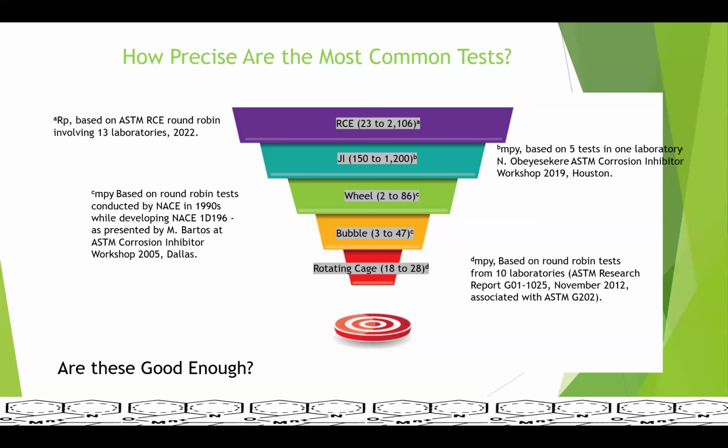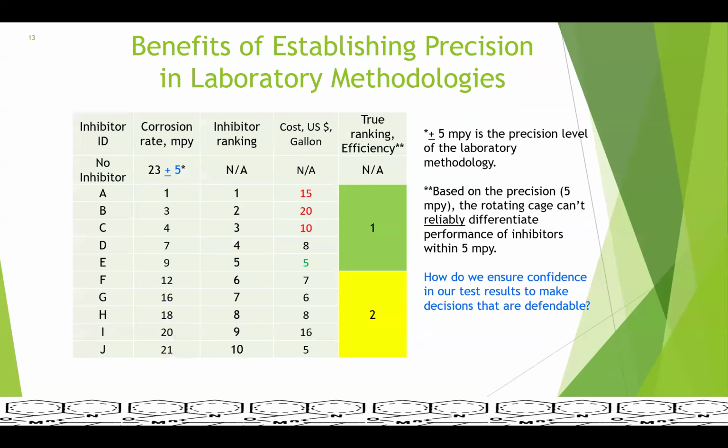Let us take a step back and see what the benefits of establishing precision are. Let us assume that we are going to select inhibitors for a particular application, and we ask the vendors to produce their best products. We identify them as A to J. We compare their corrosion rate with the uninhibited condition. Let us assume that we are using the rotating cage. The key point here is that when we say precision, what is the variability under the same condition?